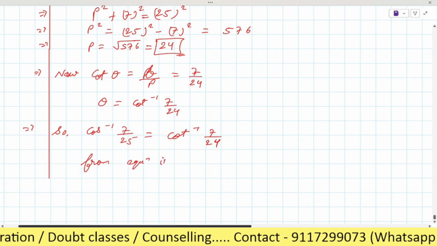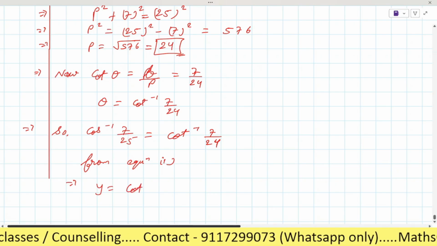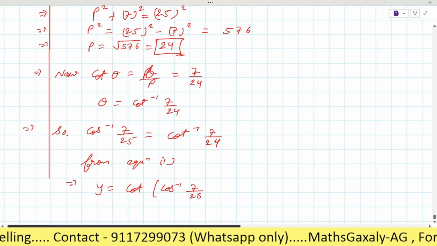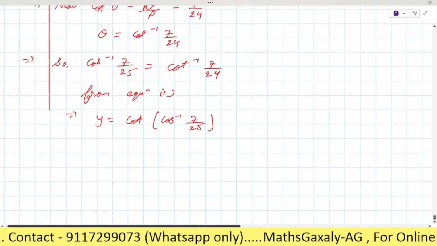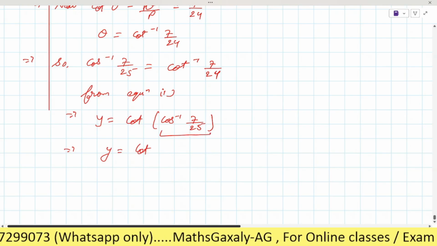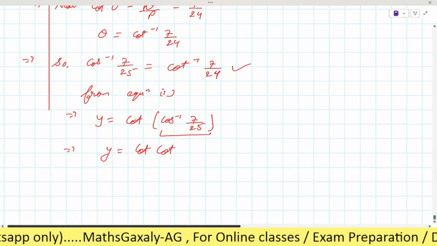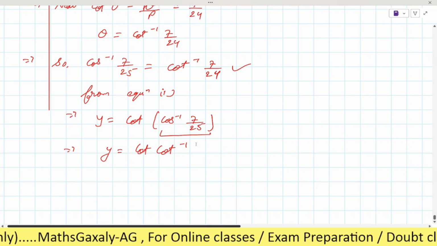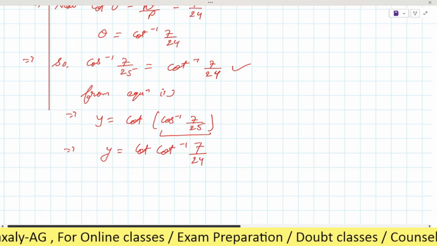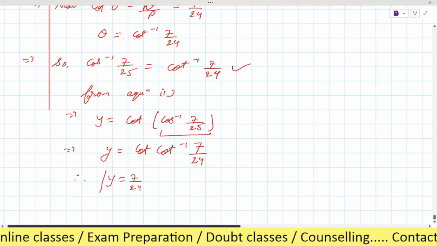From equation 1, as it is given y is equal to cot of cos inverse 7 by 25, we can write y is equal to cot, and in this place cot inverse 7 by 24. So cot will be cancelled, and therefore y is equal to 7 by 24.